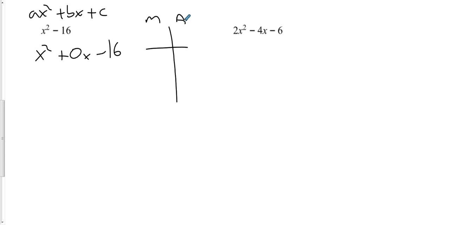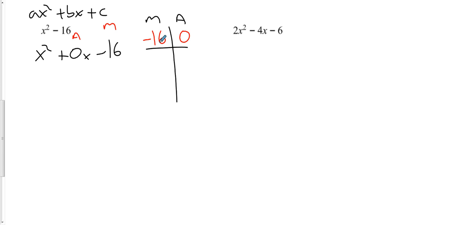So I need two numbers that are going to multiply to negative 16, and at the same time they have to add to 0.